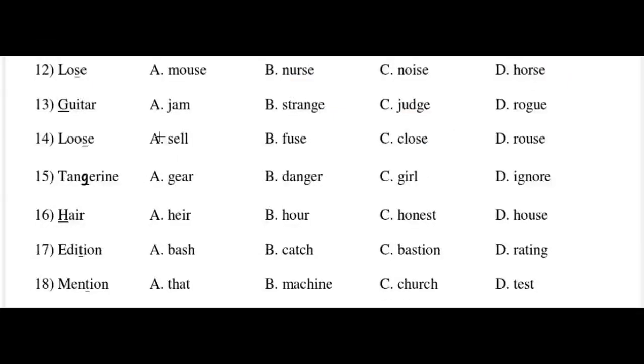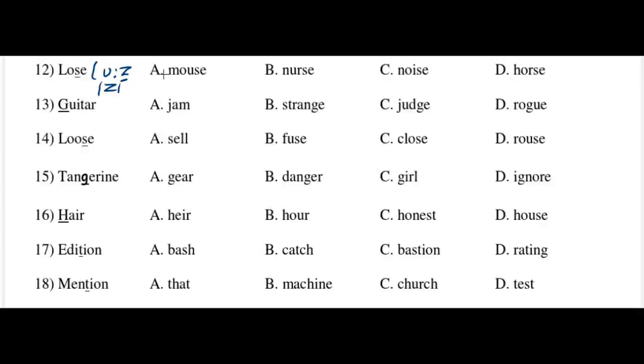Number 12, we have the word lose. The underlined letter there is S, and the consonant sound is z. So we need to locate the one that contains this z.